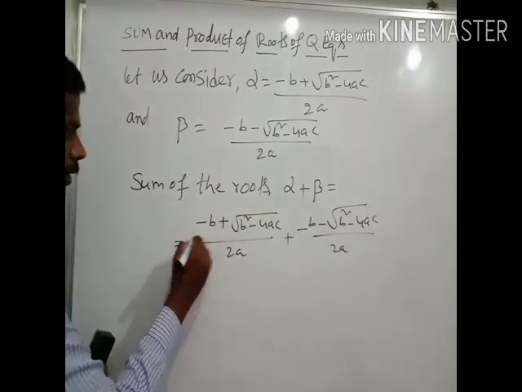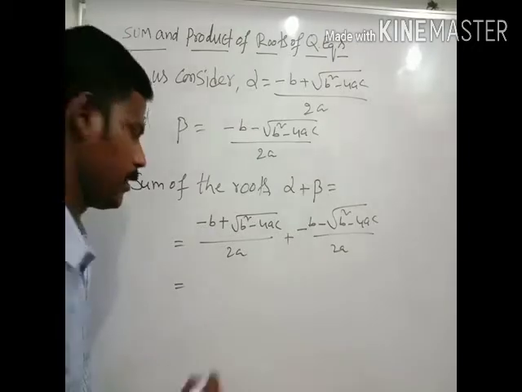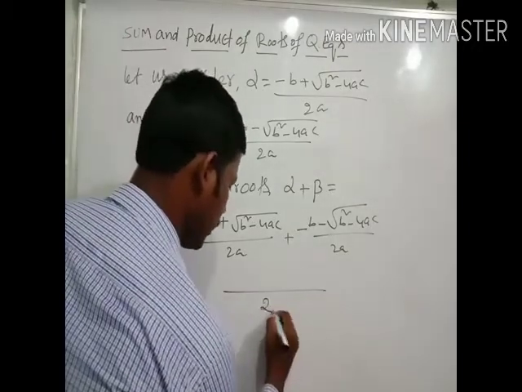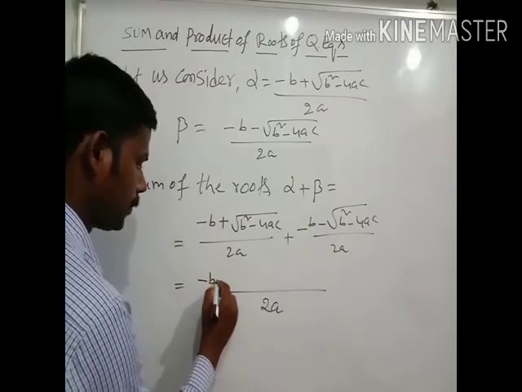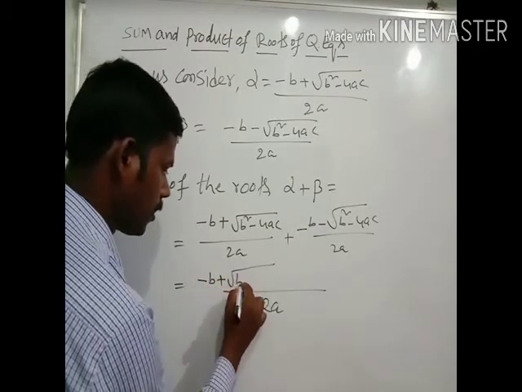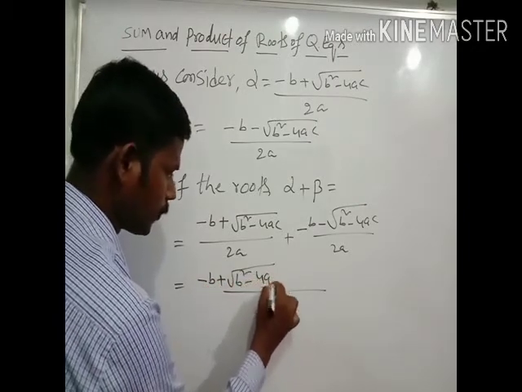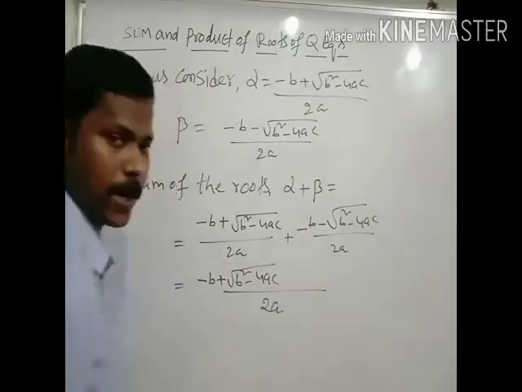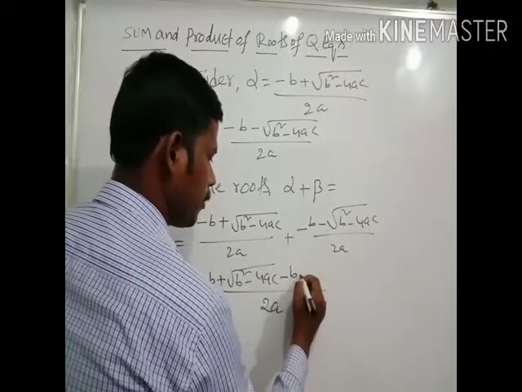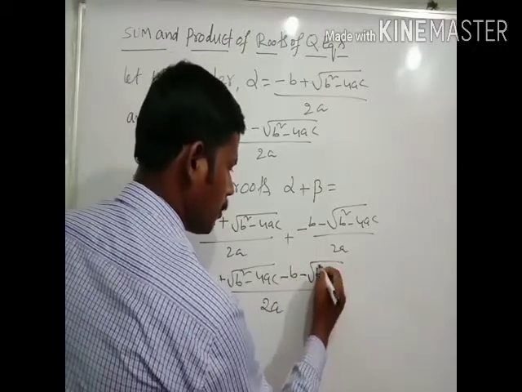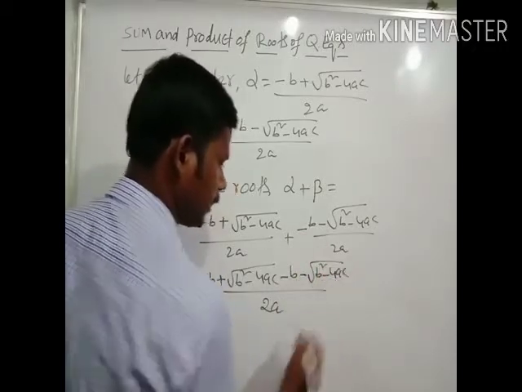Now what is the LCM here, children? 2a. Let me write down 2a. So in the numerator we write minus b plus square root of b square minus 4ac, plus minus b minus square root of b square minus 4ac.